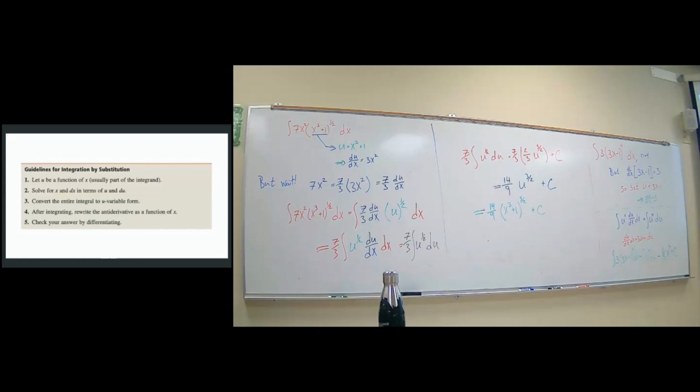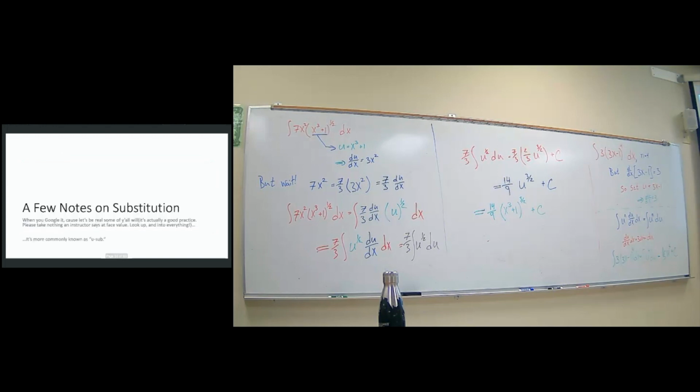We have a couple general guidelines. This is on slide 55 in week 10 notes. You can find those under exam 4 on Blackboard. This is just a general set of rules for how to solve these problems. It has a couple notes on this.